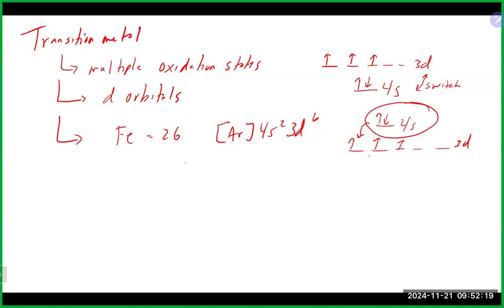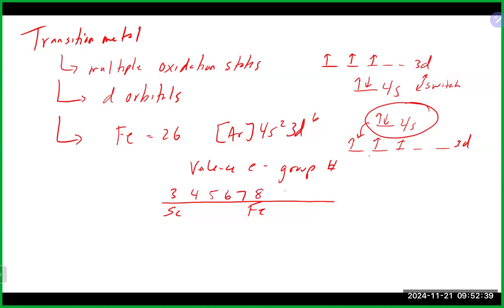So you could also figure out valence electrons by the group number. When we are talking about the transition metals, we got Sc and then right around here, iron. And we go the traditional numbering 3, 4, 5, 6, 7, 8, 9, 10, 11, and 12 down to zinc.